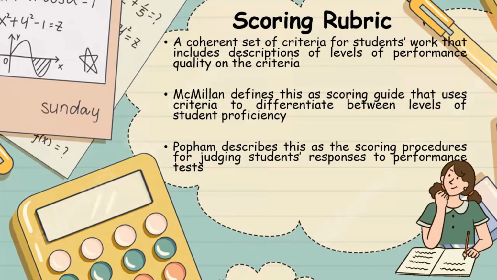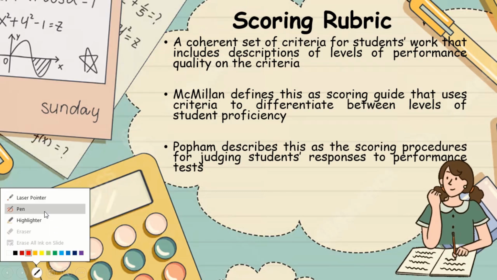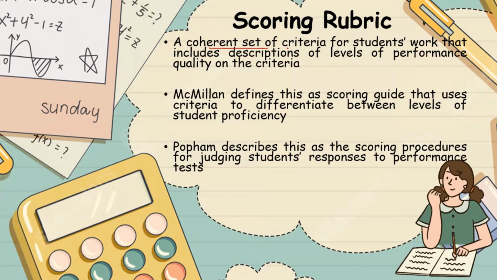Let us now define the scoring rubric. A scoring rubric is a coherent set of criteria for students' work that includes descriptions of levels of performance quality on the criteria.